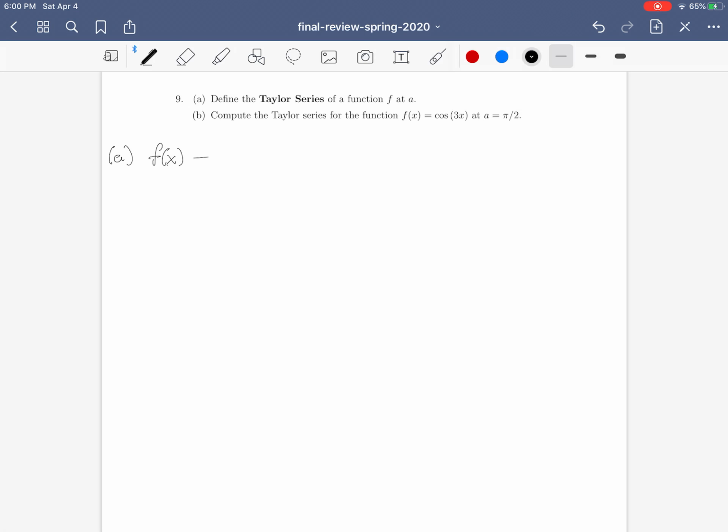So let me remind you, this is the sum from n equals 0 to infinity of the nth derivative of f at a divided by n factorial times by (x minus a) to the n. So this is section 11.10 of the material.